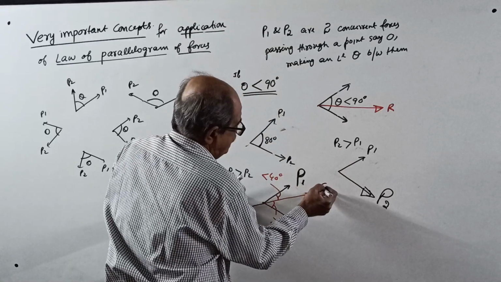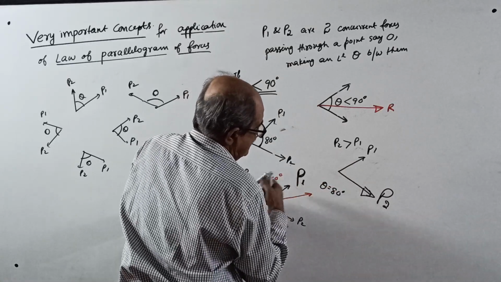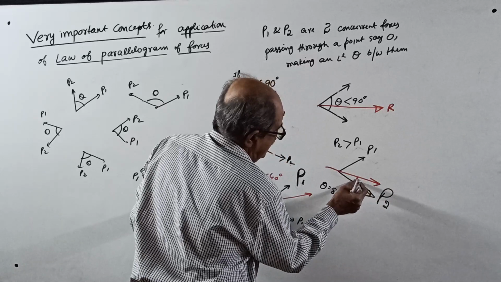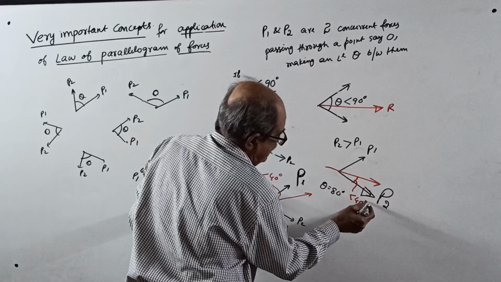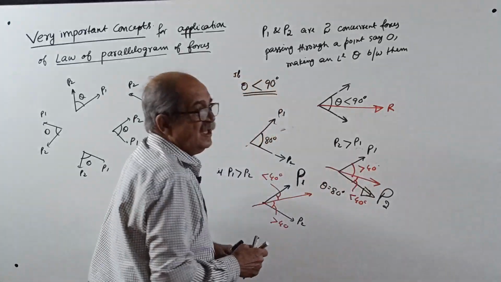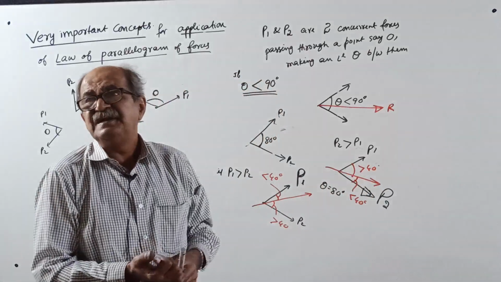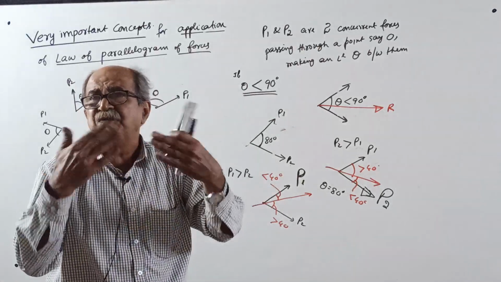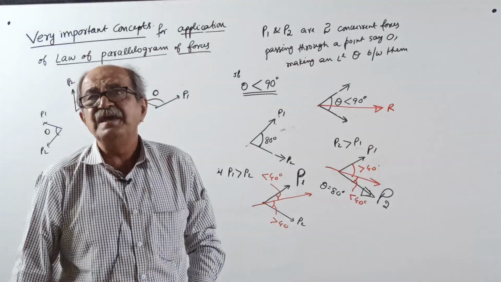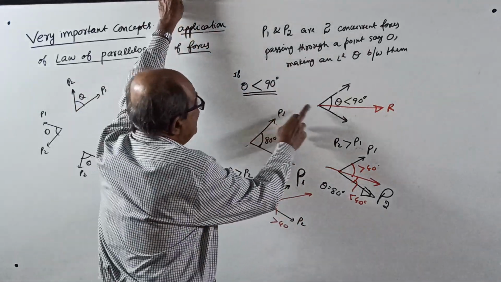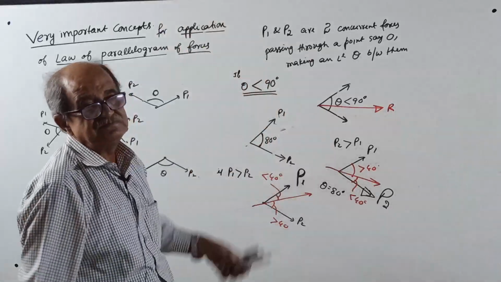Then the resultant will be near to P2. The angle near P2 will be less than 40, and this other angle will be more than 40 degrees. So the resultant will shift to that side, going near to the force which has the higher magnitude. It is quite common sense. This is if theta is less than 90 degrees.